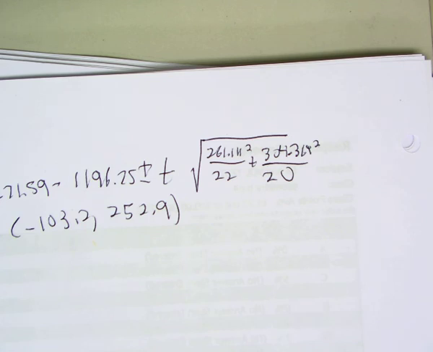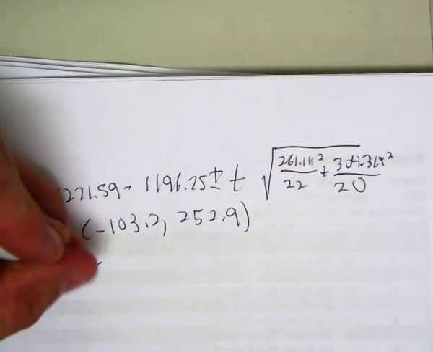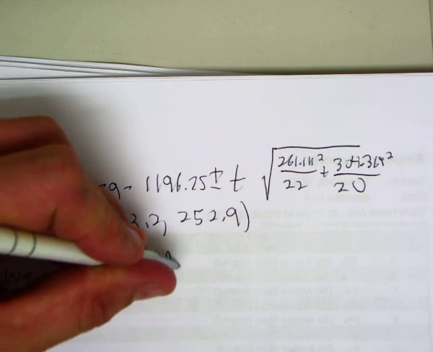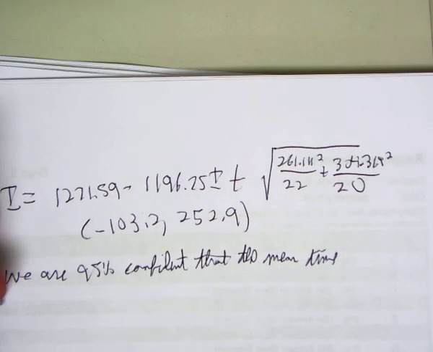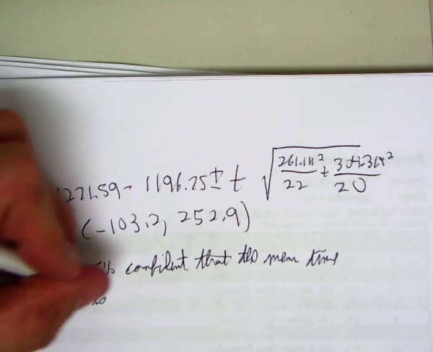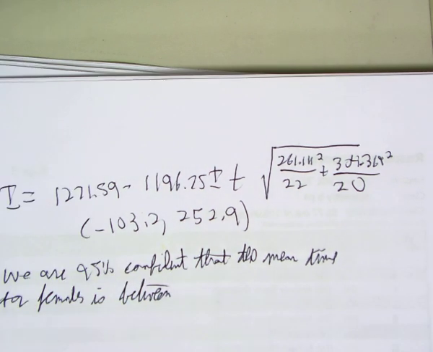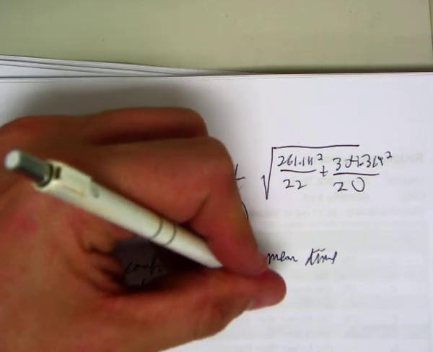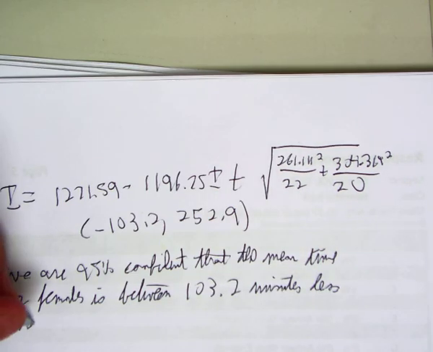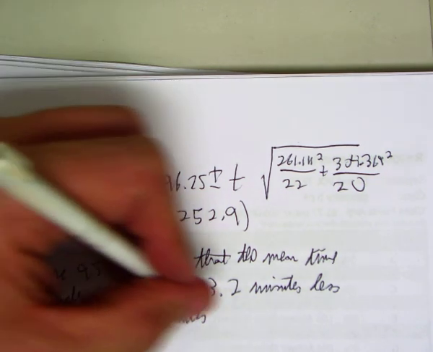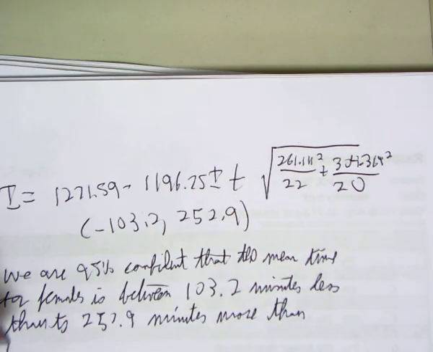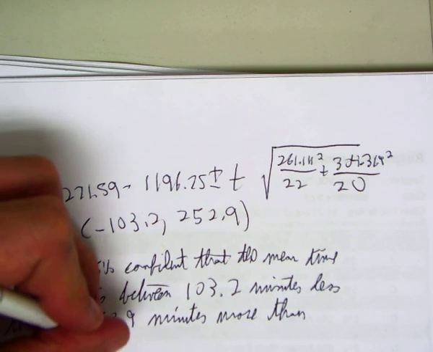So in this case, we are 95% confident that the mean time is between 103.2 minutes less than to 252.9 minutes more than the mean time for males. Okay.